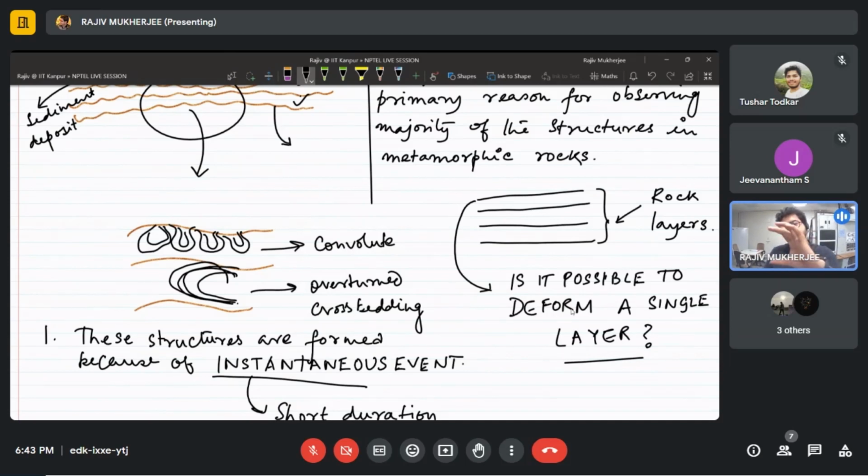Say for example, you have some layered sedimentary rocks, say sandstone, shale, sandstone, or mudstone, shale, mudstone, limestone. These kind of alternating layers are there. So do you think it is possible for the tectonic forces to deform only a single layer and not all layers together?